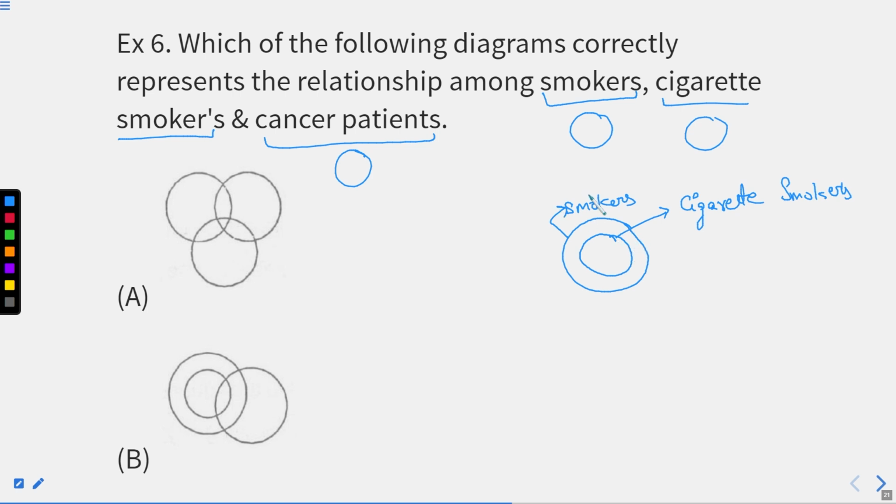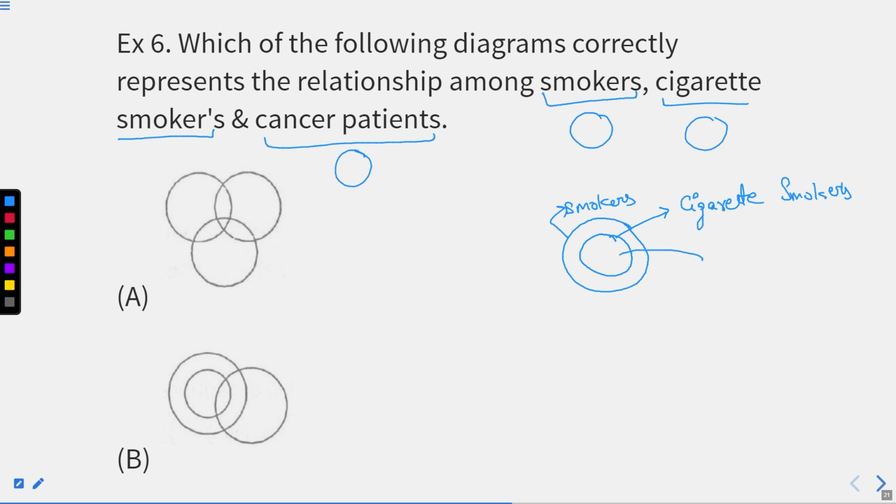Now the cancer patient. We know that smoking is one of the reasons for cancer. So those who smoke cigarettes can also acquire cancer, can face this problem as well. If they are smoking anything other than cigarettes, then also they can acquire cancer. But cancer does not happen only because of smoking, right? There are many other causes as well.